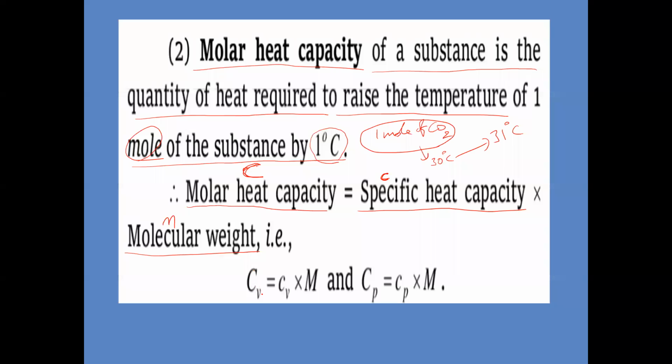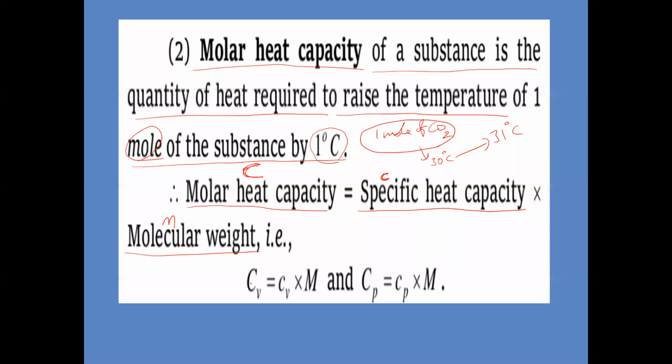Now capital CV, the molar heat capacity at constant volume, is equal to the specific heat capacity at constant volume times the molecular weight of that substance. Take the example of CO2 here. The molecular weight of CO2 will be 44.